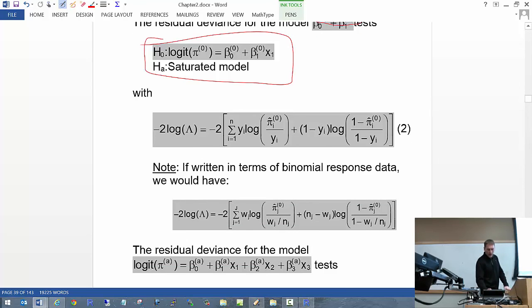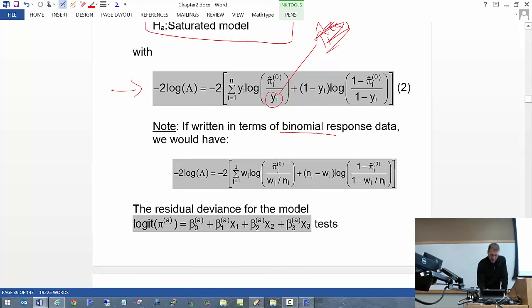If I have Bernoulli responses, this is what my negative 2 log lambda looks like. So here would be essentially what we had seen before as the alternative hypothesis pi hat. If I'm working with binomial response data, there's my estimated pi hat for that particular model.